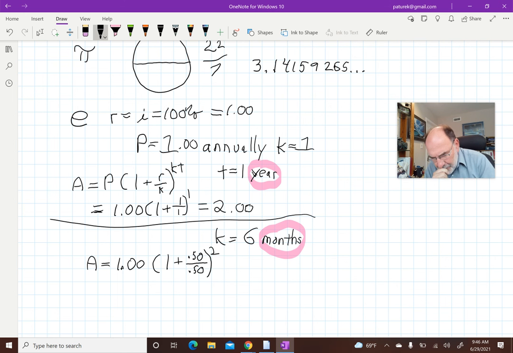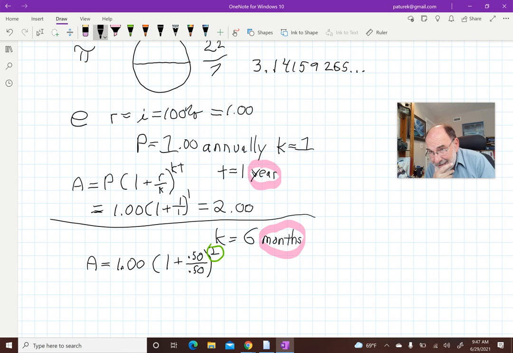So now I think I have a wrong answer, right? Because this is going to be a value of 4, and that's definitely wrong. So let's make the claim that that number is wrong. K times T. K is the amount of time it takes to compound.